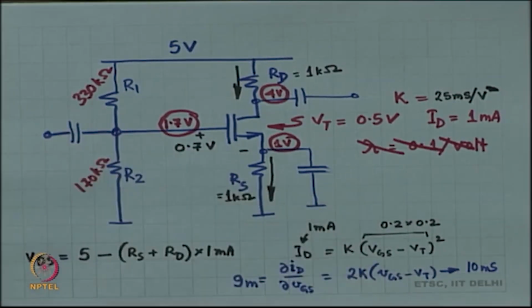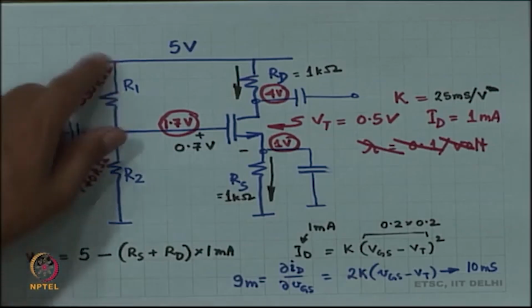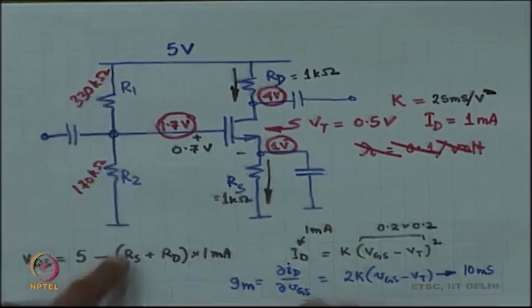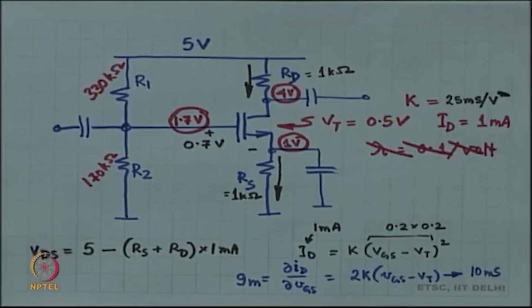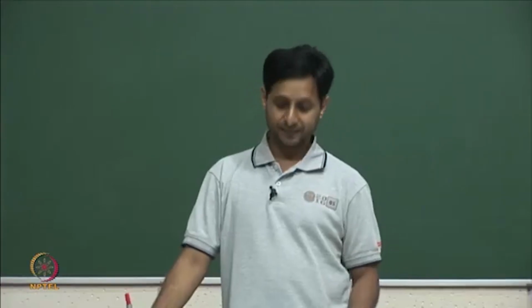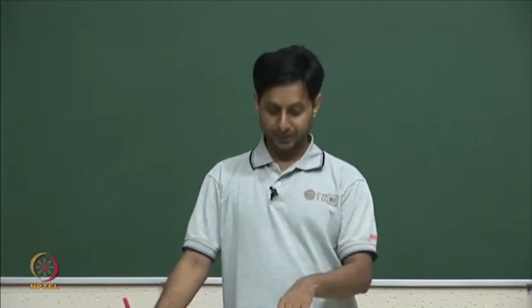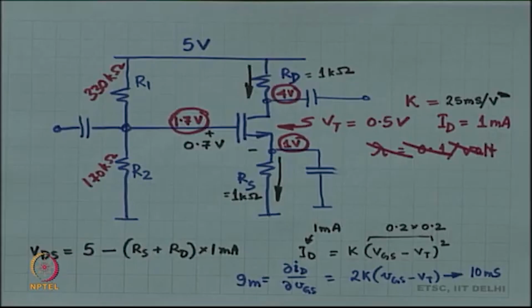That will still give you 1.7 volts. Okay. You do not need too much current in this path, unlike in BJT circuits, which you might have studied elsewhere. In case of the MOSFET, you do not need too much current in this path, because the gate is not going to take any current whatsoever. Okay. So, this is the plan.